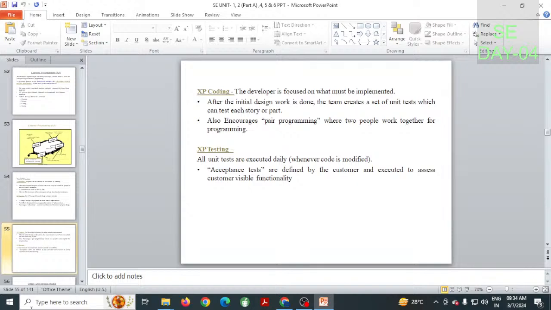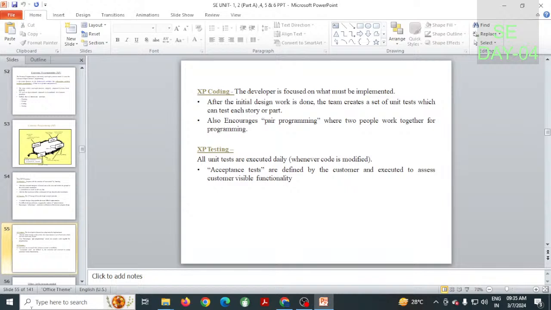Here the developer is focused on what exactly must be implemented. After the initial design work is done, the team creates a set of unit tests which can test each story.